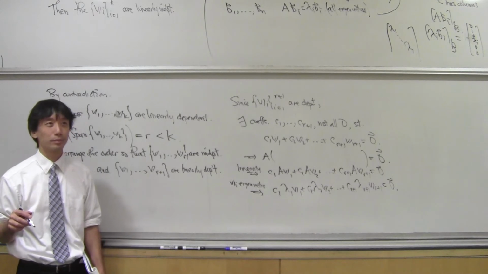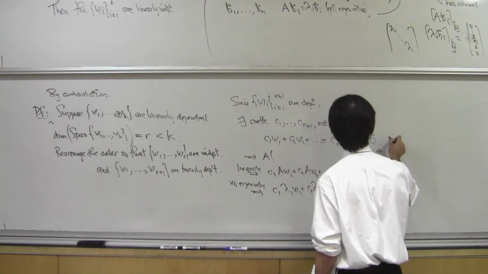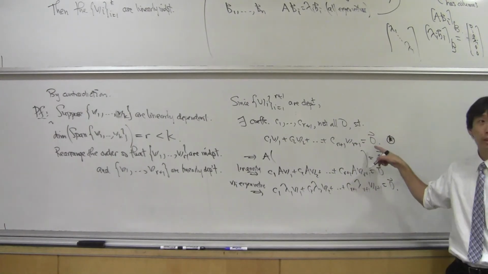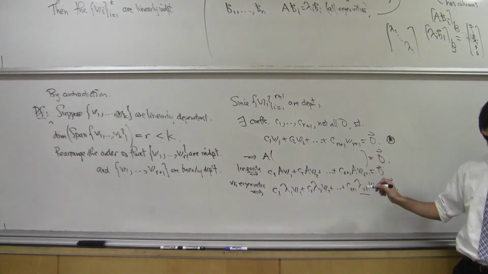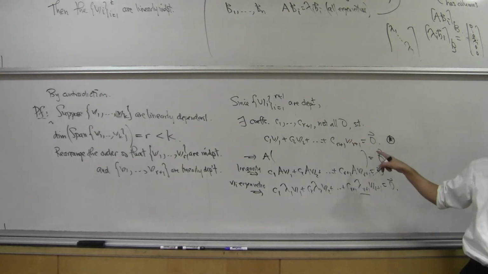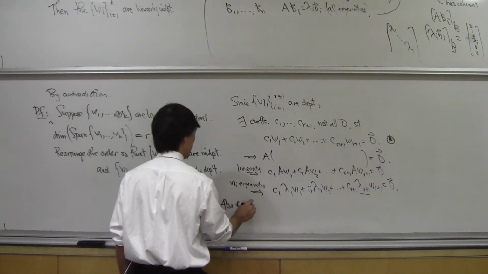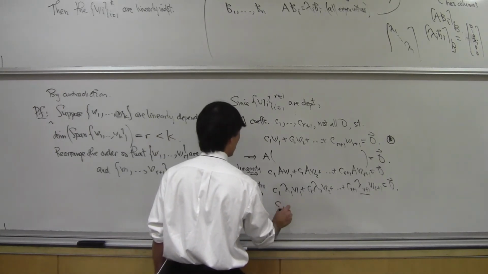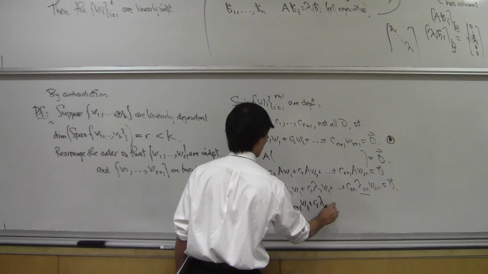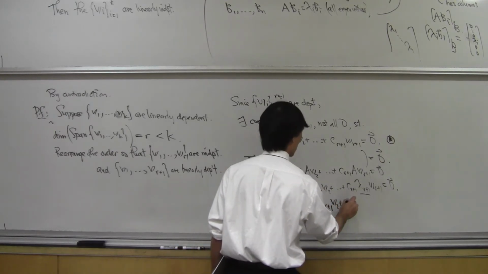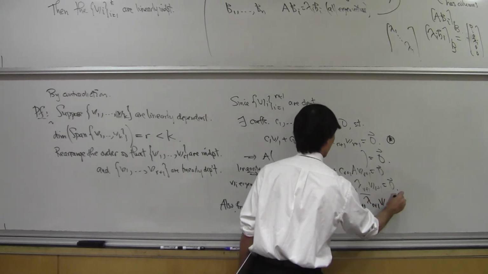Now, let's take this equation here and multiply the whole thing on both sides by lambda(r+1). We also, from star, get that c1 lambda(r+1) V1 plus c2 lambda(r+1) V2 plus ... plus c(r+1) lambda(r+1) V(r+1) equals 0.